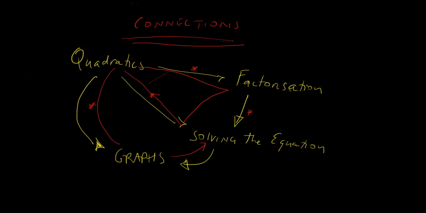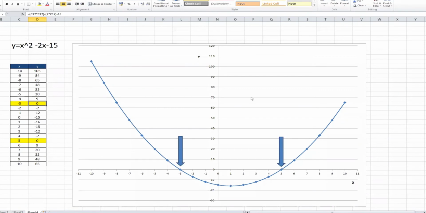Because you might be saying, when I throw a tennis ball, or when I push something into some water, I can launch into it like this, I can dive into the water like this, and I come up like this. So you make these observations about how quadratic equations and graphs are linked.